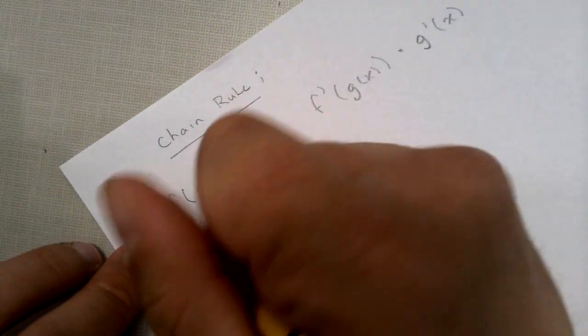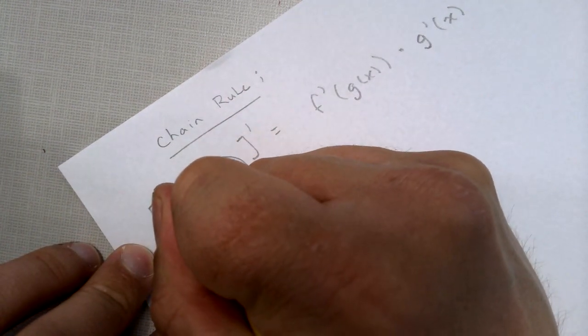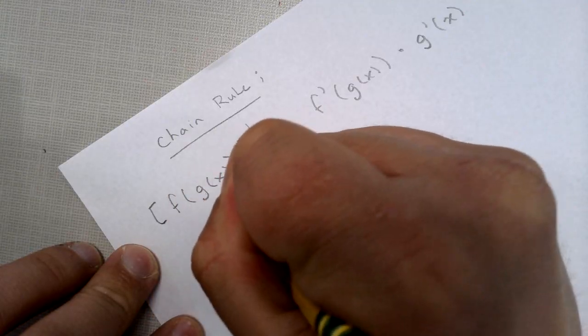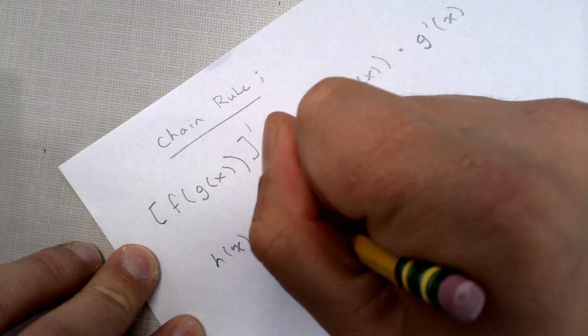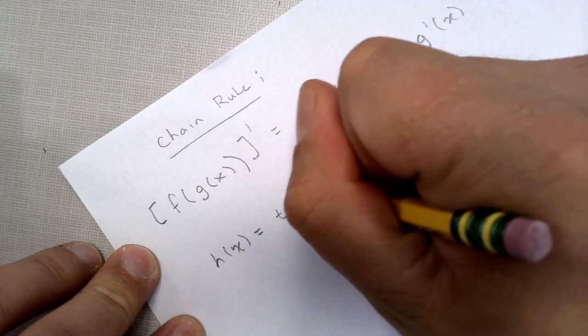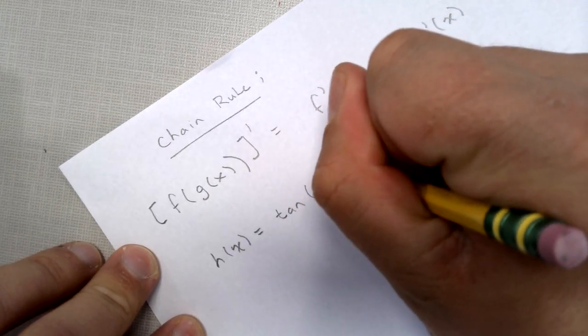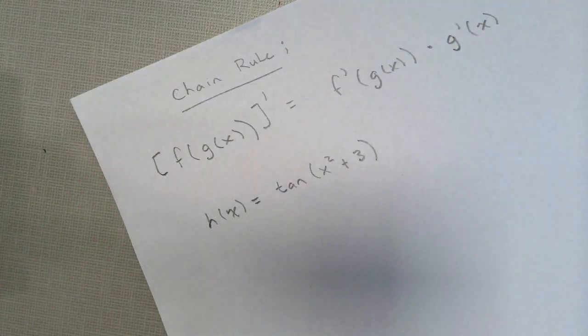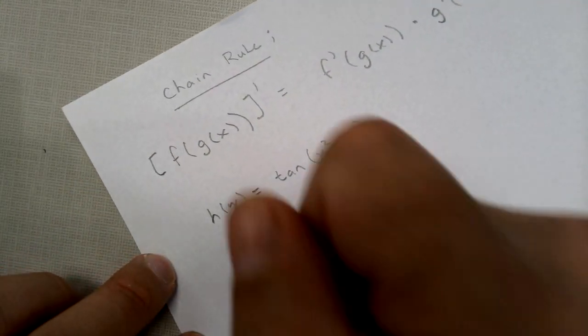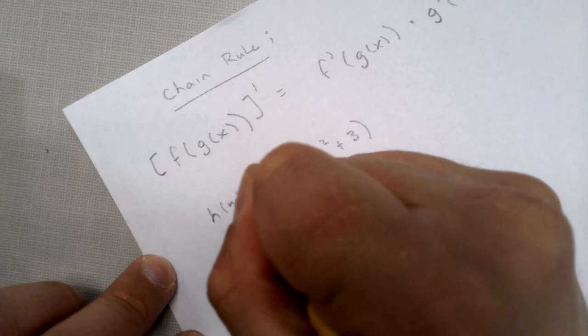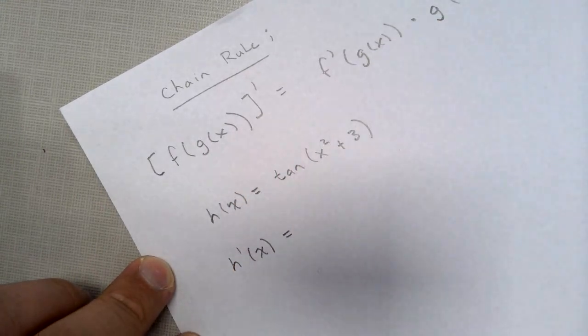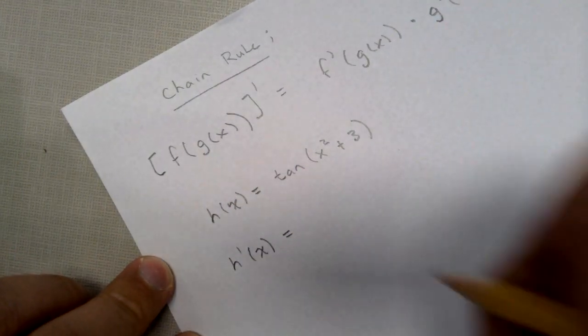So let's say we have a function h of x is equal to tangent of x squared plus 3. Well, the derivative h prime of x is equal to the derivative of tangent, which is secant squared.